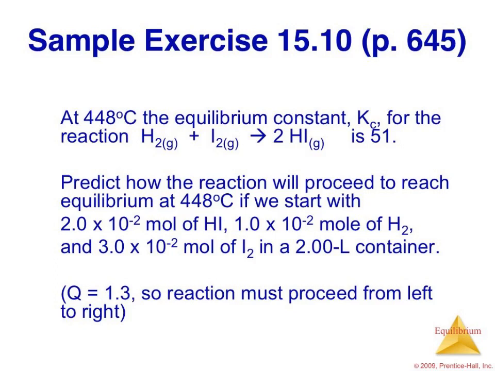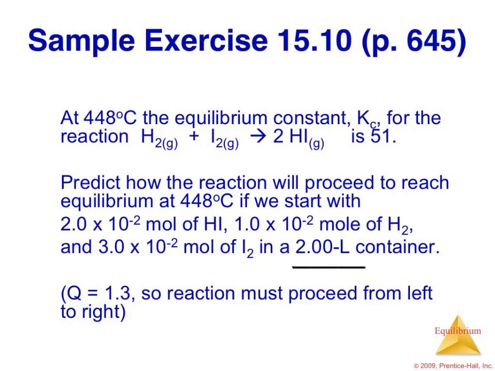And this is in a 2-liter container, so that's a little bit nasty. We have to be careful that when we plug these values in for Q, we're using concentrations rather than the number of moles. So you're going to have to divide by 2 in order to get to your concentration.